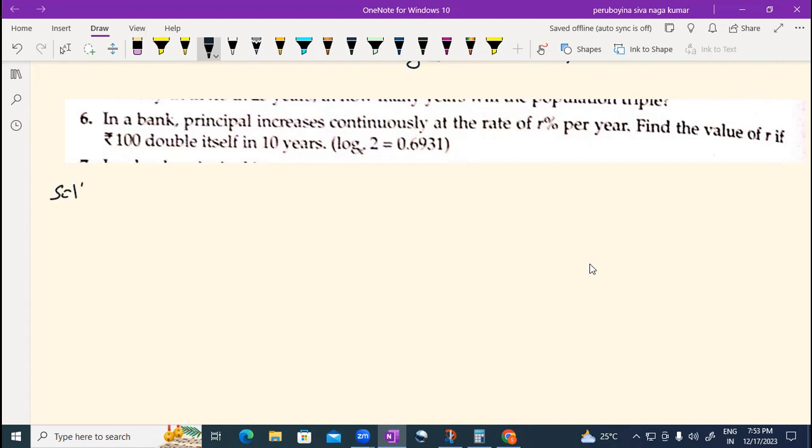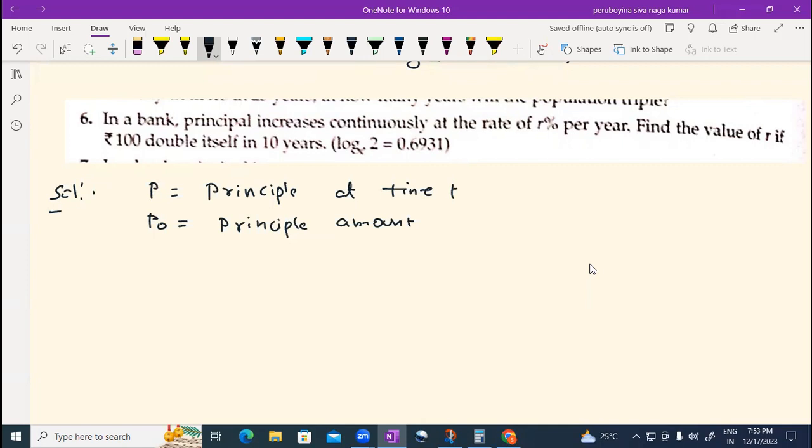So P be the principal at a particular time T. So P naught be the initial amount or principal value, actually what he has invested. P is different from P naught. P naught is his investment.